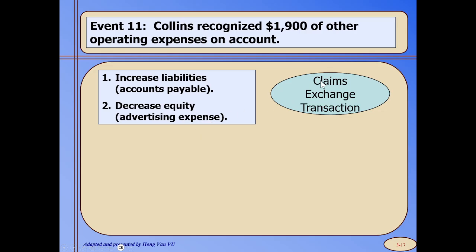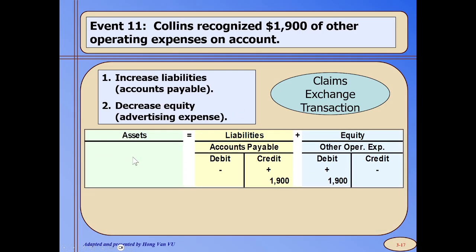It is classified as a claim exchange transaction, and here is the illustration of this transaction and its impact on the T-account. When we recognize, it means that we increase the liability, so we update the credit side of accounts payable.